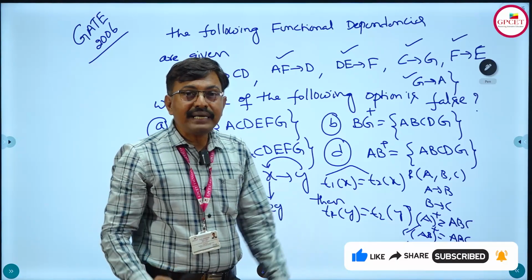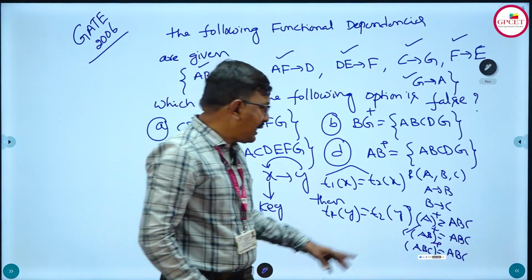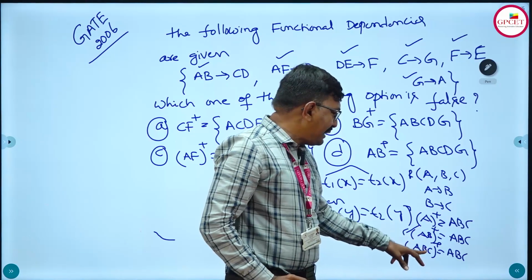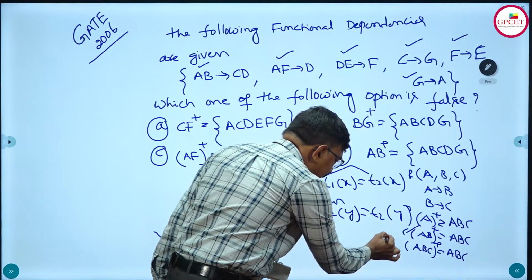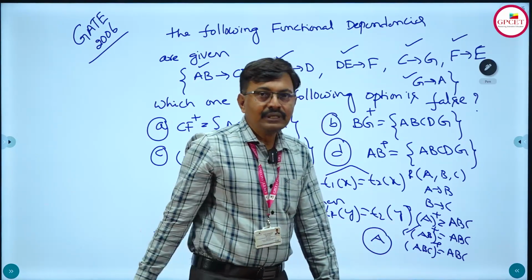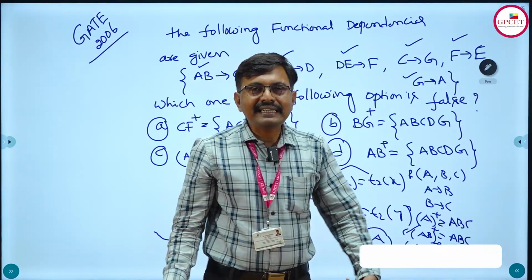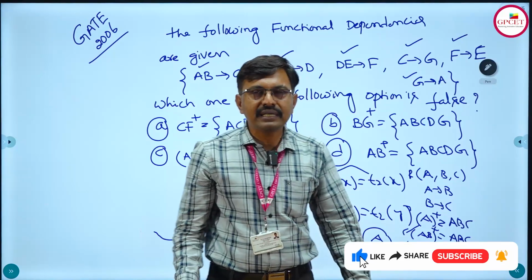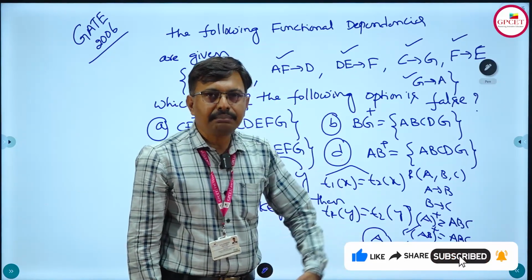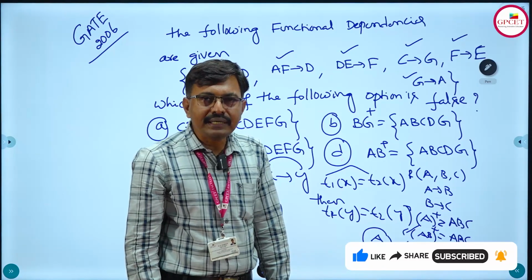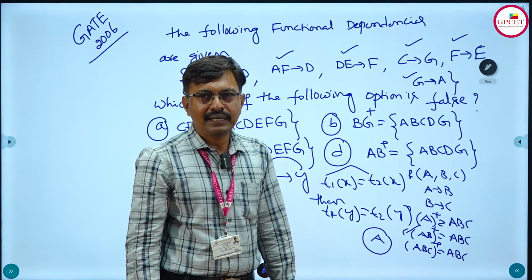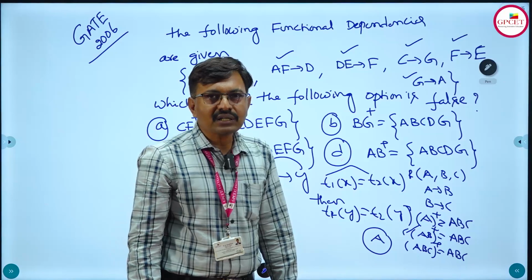Okay. What is meant by key here? That is A, then AB, and then ABC. What is the minimal? Minimal is A. That is a key. What is my candidate key? The set of all the keys in a relation is nothing but candidate keys. For example, a student table having student name, student number, marks, address, and Aadhaar card number.